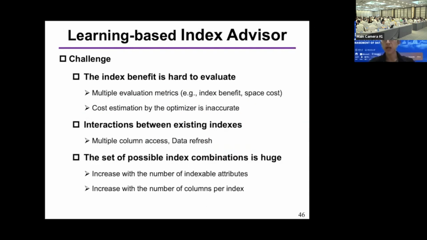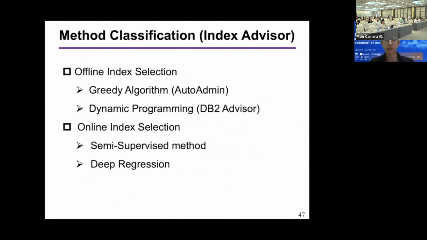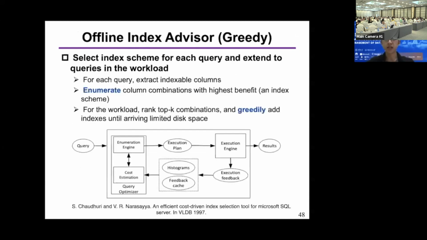Besides, there are interactions between different indexes, like multi-column access, where you can build an index on multiple columns. Besides, the set of possible index combinations is huge and increases exponentially with the number of columns per index.